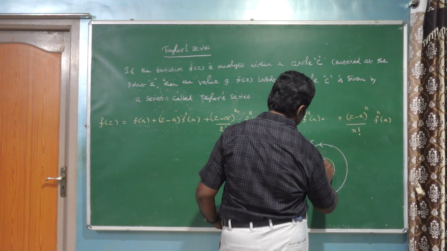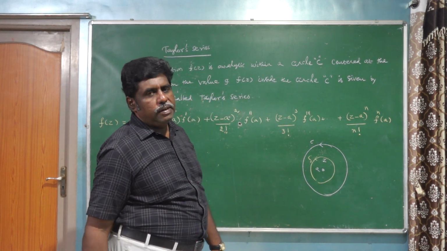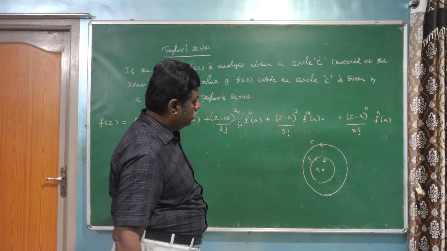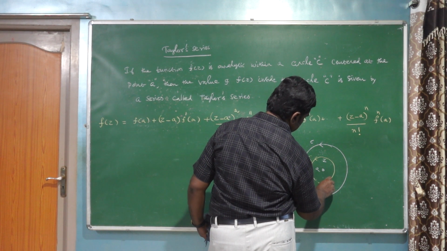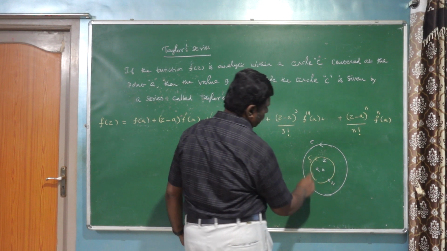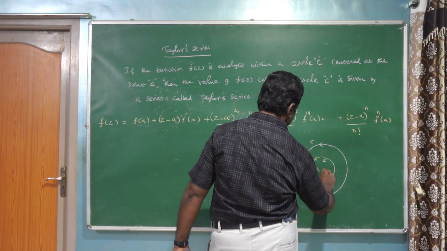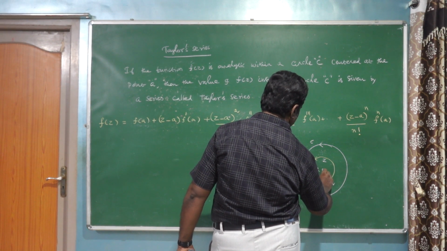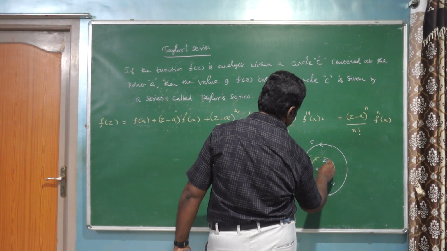The point Z should be present inside the circle C1. Let W be any point on the circumference of the circle C1. See, this is the point Z.